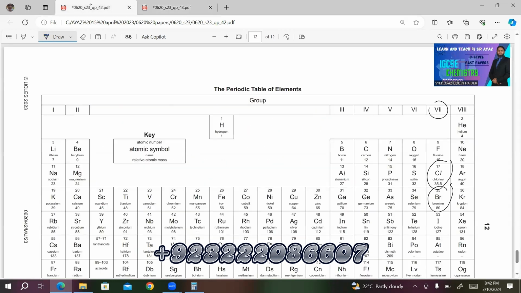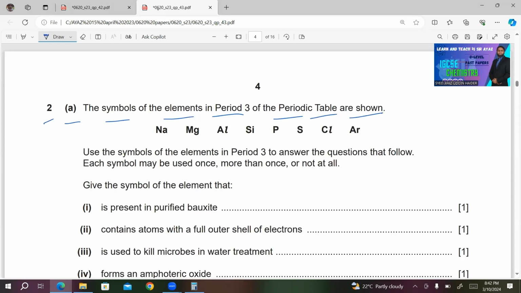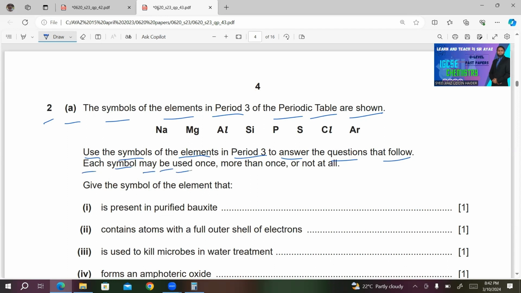This is period 3, starting from sodium and ending on argon. Use the symbols of the elements in period 3 to answer the questions that follow. Each symbol may be used once, more than once, or not at all.